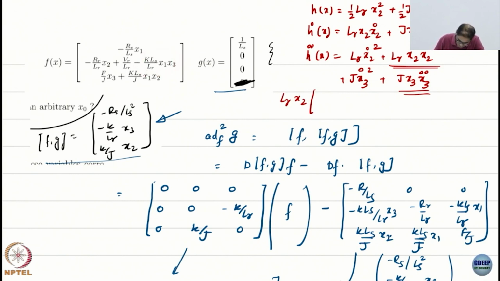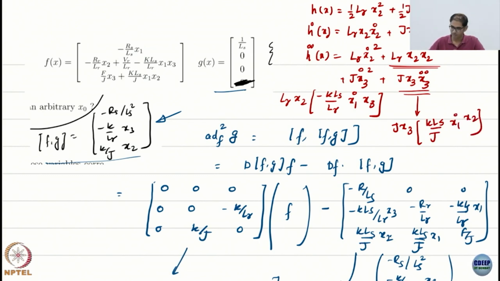I'll have, so I'm going to write it as minus k ls LR x1 dot x3. Yeah, that is the term that is going to contain the control. Similarly, if I look at this guy, this is j x3, x3 double dot will be k ls over j x1 dot x2.